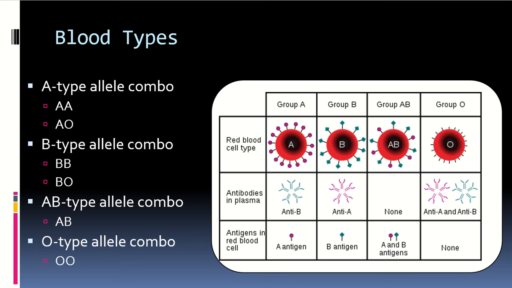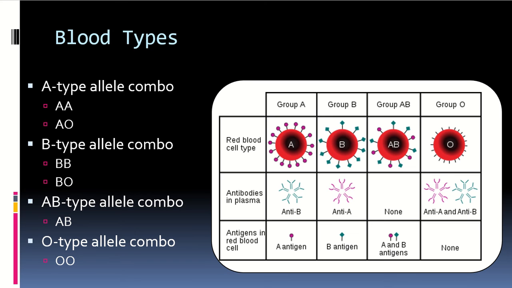Here are the combinations of inherited alleles to end up having blood type A. If you inherit an A allele from your biological father and from your biological mother, then you inherited 2 A alleles, and your blood type will be type A. But say from one parent you inherit an A allele and from the other parent you inherit a recessive O allele.